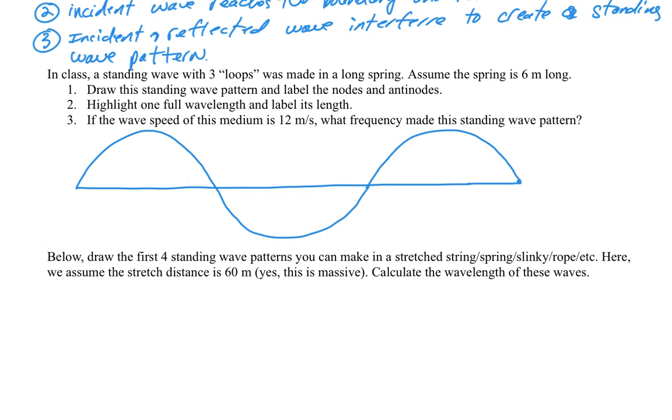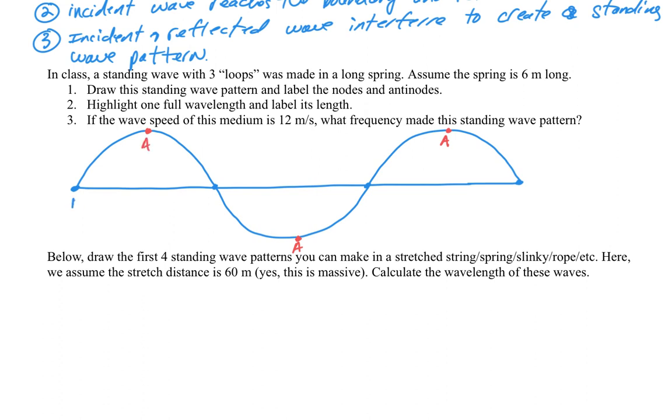And we can see several things here. We can see that there are nodes right here, right here, right here, and right here. So those are the nodes. And then we can see at these other locations, for instance, right here, and right here, those are the antinodes.